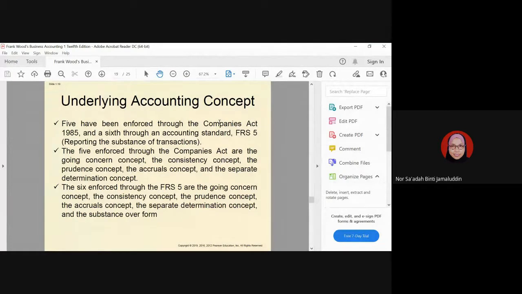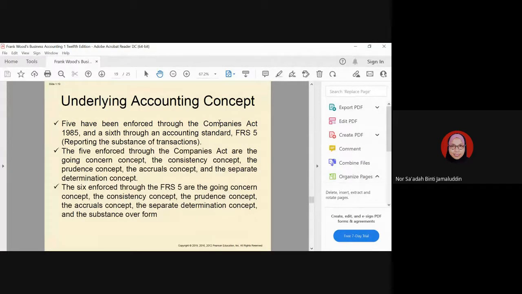The 5 enforced through the Companies Act are the going concern concept, the consistency concept, the prudence concept, the accrual concept, and the separate determination concept. Itu kalau follow the Companies Act, but referring to FRS 5, the accounting concepts have 6.